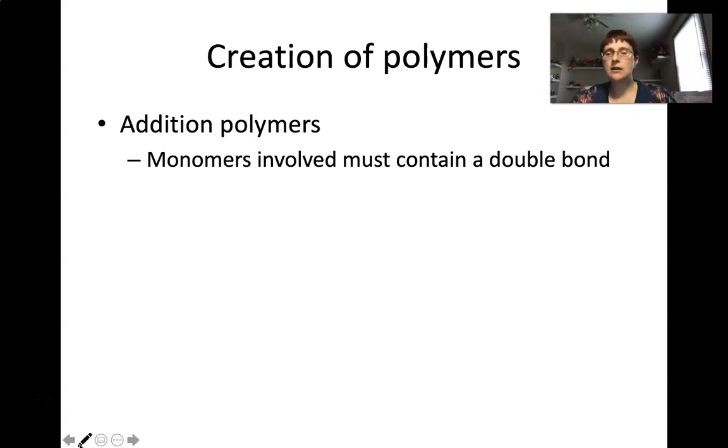So we saw in previous videos that very often we'll see, for example, carbons that have a double bond and then hydrogens out here. That's what we're talking about. So the monomer has to have this double bond somewhere in the molecule.